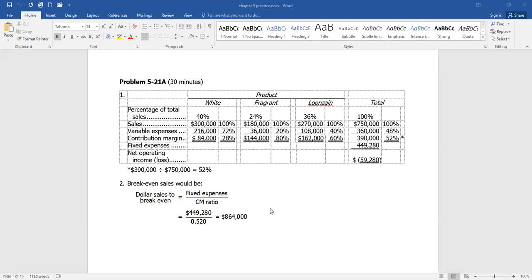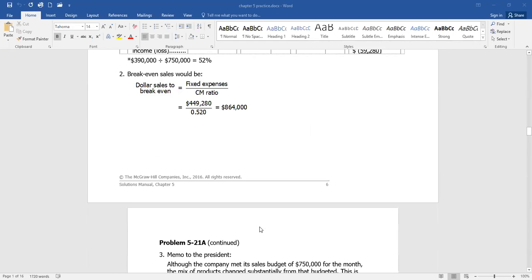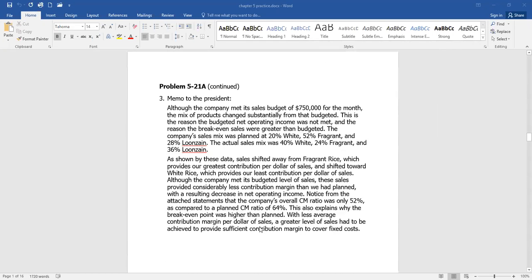Considering the fact that the company met its $750,000 sales budget for the month, the president is shocked at the results shown on your income statement as above. Prepare a memo for the president explaining why both the operating results and the break-even point in dollar sales are different from what was budgeted. Well, simply put, although the company met its sales budget, the mix of products changed substantially from that budget.